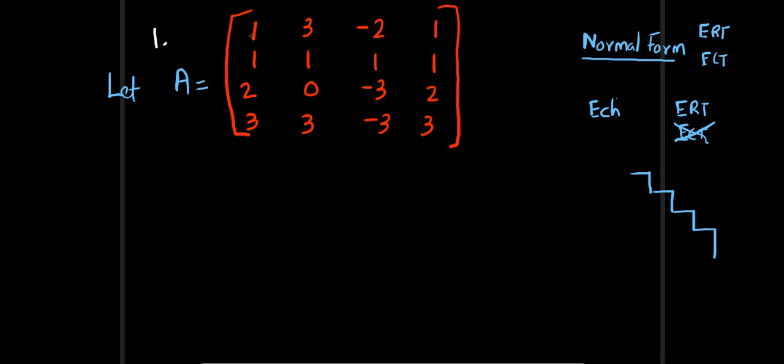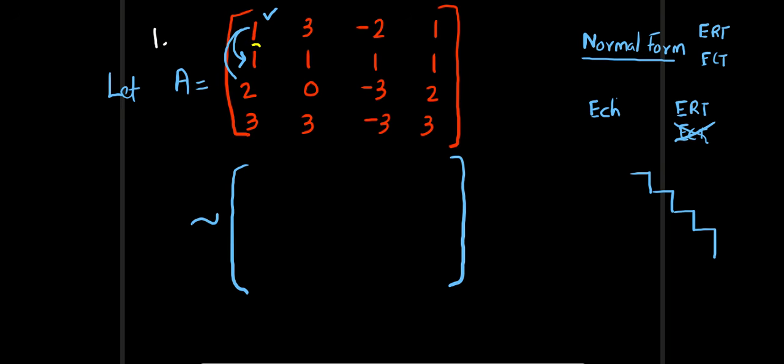Okay, so as before, the first element, that is A11, should be converted into 1. But it's already 1, so we saved one step. Now transform all the elements beneath this to zeros. So as before, I'm going to put our equivalent sign, and then I'm going to write the plan outside. And I told you in the last video, if you want to create zeros below this one, we'll be using the row transformation.